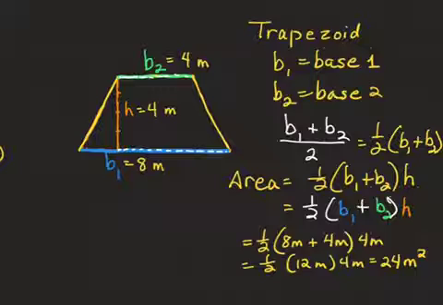Now 24 square units has shown up often in this video. It's just happening because I'm using simple numbers. If I gave you more complicated numbers like perhaps 4.36 is one base and 5.73, you're not always going to wind up with something around 24 meters squared.